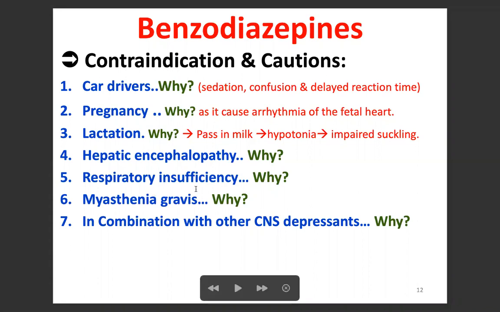Respiratory insufficiency, because it will depress the respiratory center, so it will potentiate the respiratory insufficiency. Myasthenia gravis, as the benzodiazepine decreases the skeletal muscle tone, and in combination with other CNS depressants, it will potentiate the CNS depression, which may lead to coma.